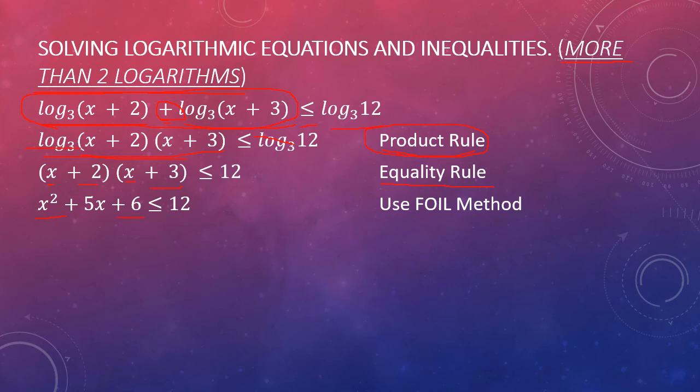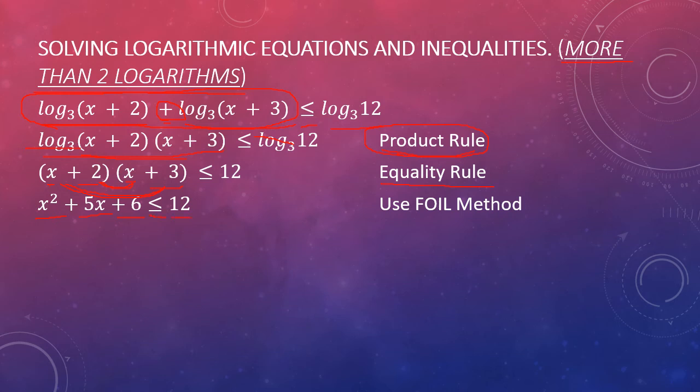Paano natin nakuha yung middle term? 2x plus 3x. Minultiply lang natin to. 2 times x, and then 3 times x. Pag pinagsama natin yon, 2x and 3x equals 5x is less than or equal to 12.